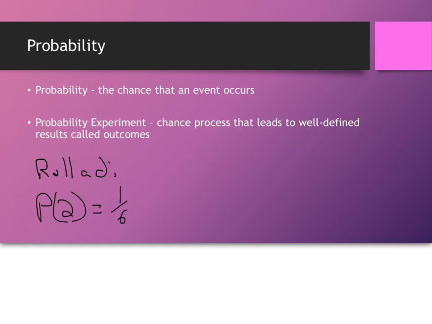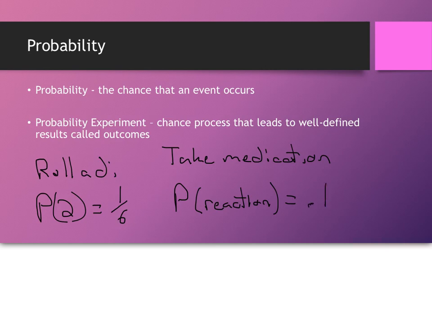let's say I take medicine. So I take some medication. The probability of having a reaction to the medicine might be something like 0.10 or 10%. All right.